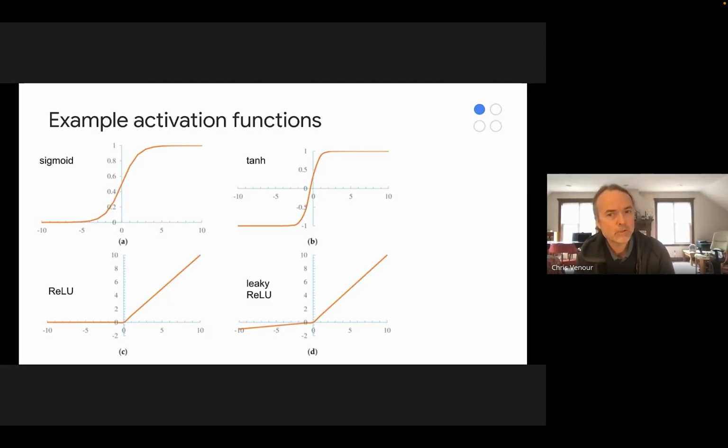It outputs a 0 for negative inputs and outputs the input value itself for positive inputs. So basically, it makes negative values 0, and if the value coming into the node is positive, it just maintains its numerical value. And then the leaky ReLU function is similar to ReLU, but it's just a slight alteration.